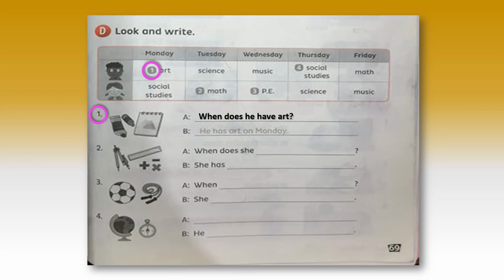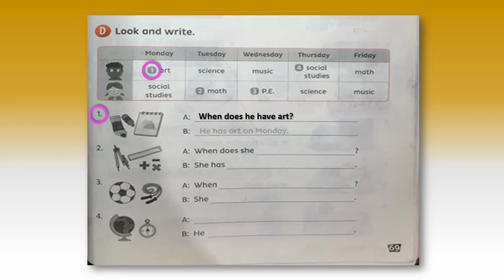When does, why do we say does? Because we are using the word he. When does, not when do, when does he have art? Now remember, in the question, we do not change the word have to has, even though we are using he. In the question, we do not say has. We do not say, when does he has art?